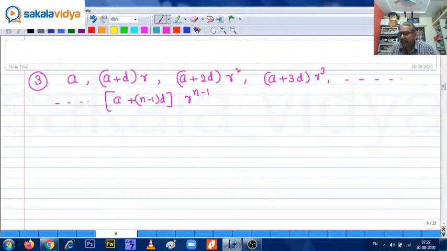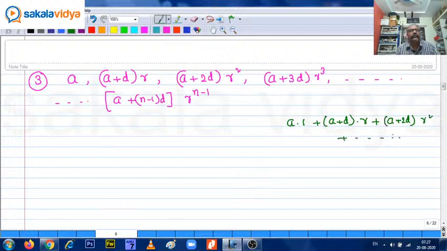Actually, some of our viewers asked me to explain about arithmetic geometric progression. So arithmetic geometric progression means, you observe here, the first term is a into 1. This we can write like this: a into 1, plus (a plus d) into r, plus (a plus 2d) into r square, and so on.